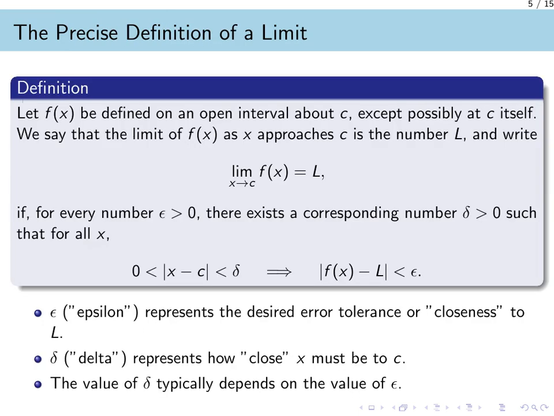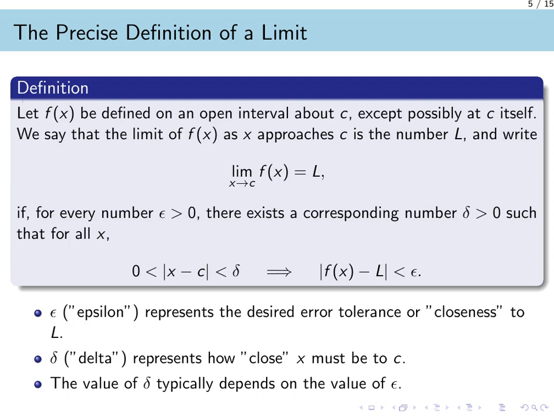Now I will formalize our intuitive idea of a limit with its precise mathematical definition, which provides a rigorous way to test a potential limit value. We say the limit of a function f of x as x approaches c is the number L if a specific condition can always be met.